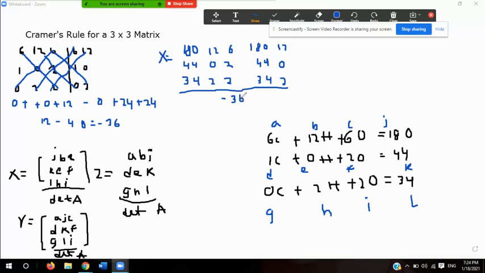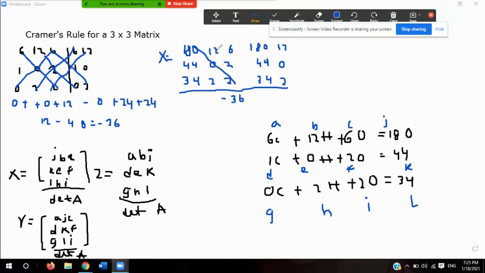So we're going to find the determinant of the matrix, which basically we do by multiplying, for example, 0 times 180 times 0 times 2, which is 0.